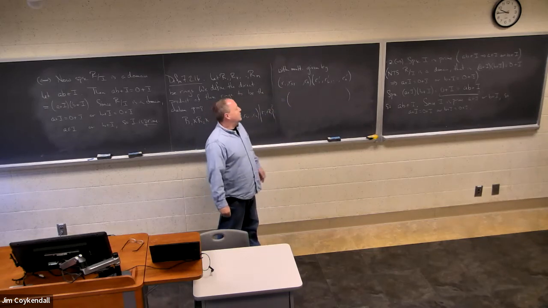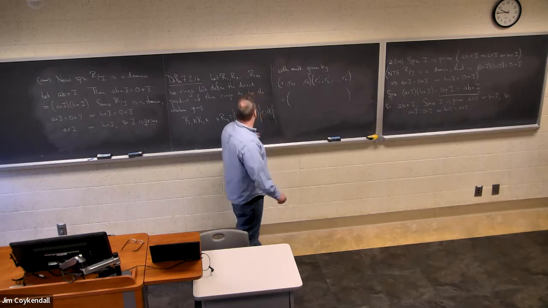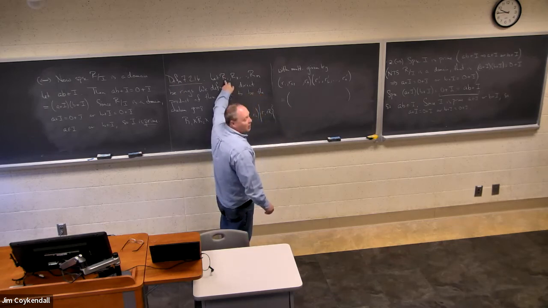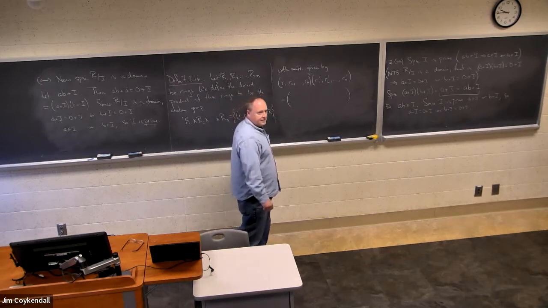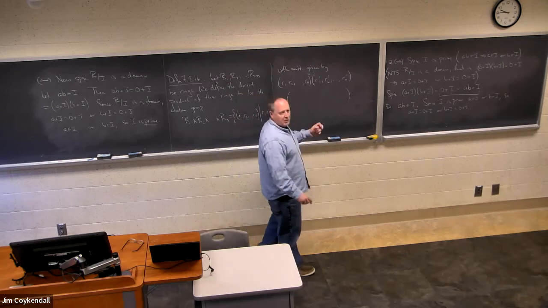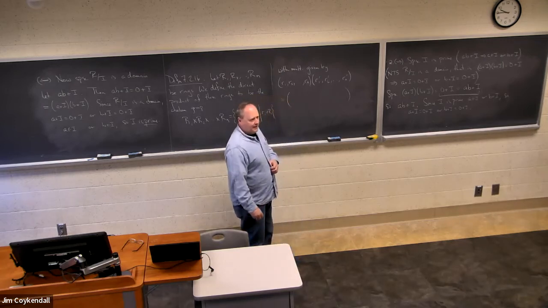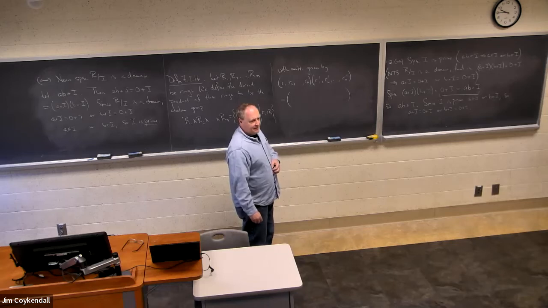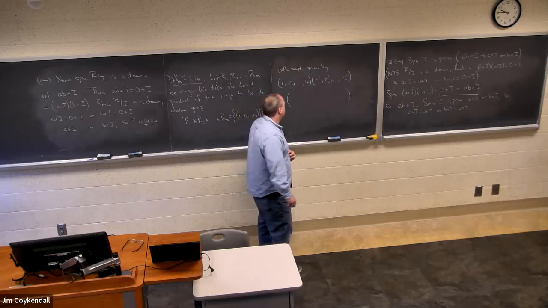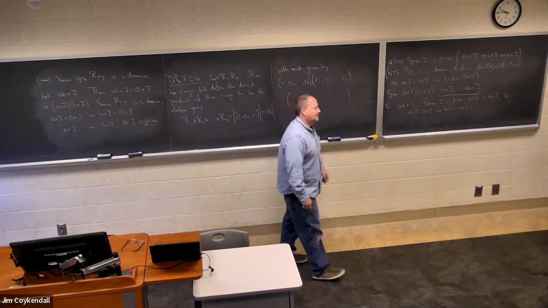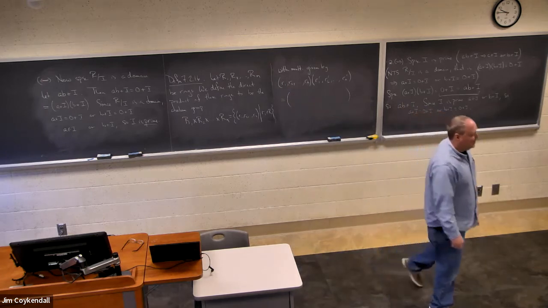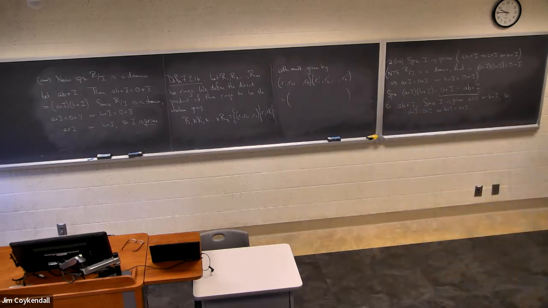What's the easiest thing you can think of to put in the first entry that is something in R1? What's the easiest way you could multiply? One. Well, I can't argue that that's certainly easy. I would agree with that.